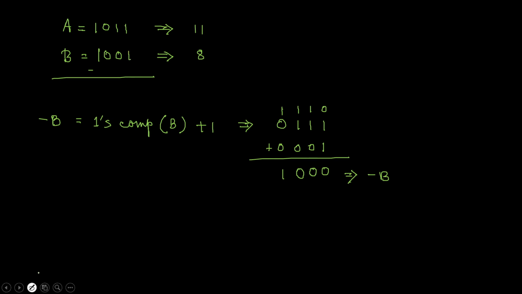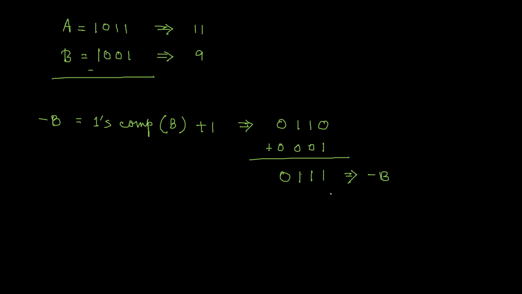Then this is 9, and the 1's complement is 0110, and then adding 1 we get 0111. You shouldn't be confused with the intermediate carries, just remember the carry in your mind. So this is your minus b, right?